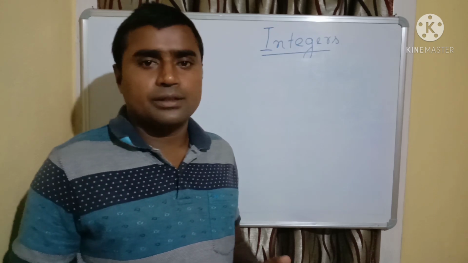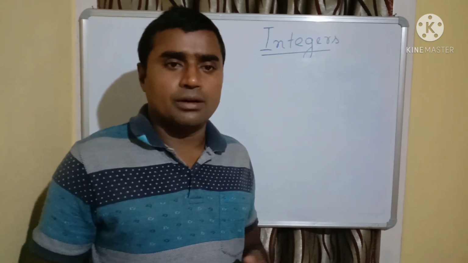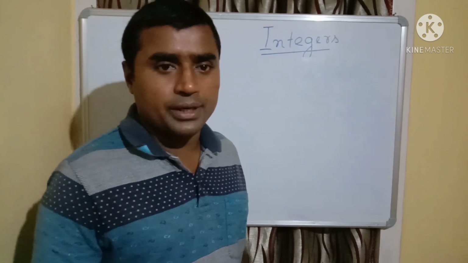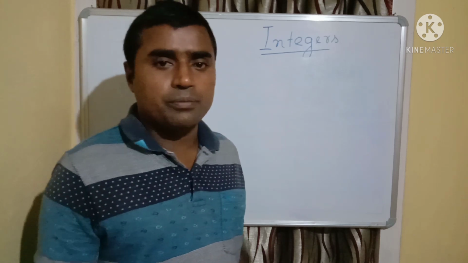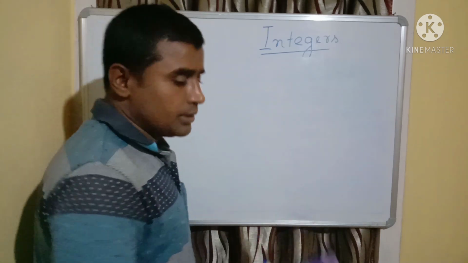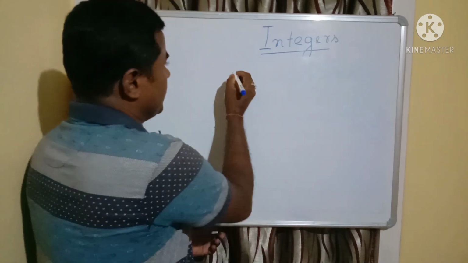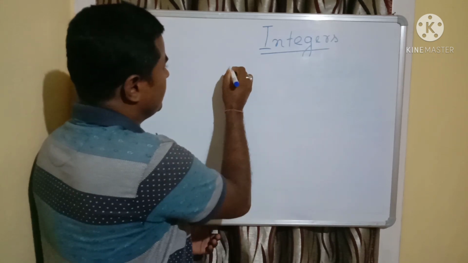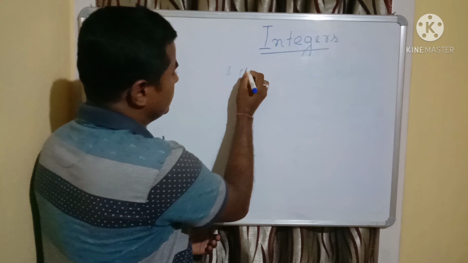Okay, now we will talk about the properties of integers. That means how integers are closed under different properties. As you know, the different properties are, first one, the closure property.